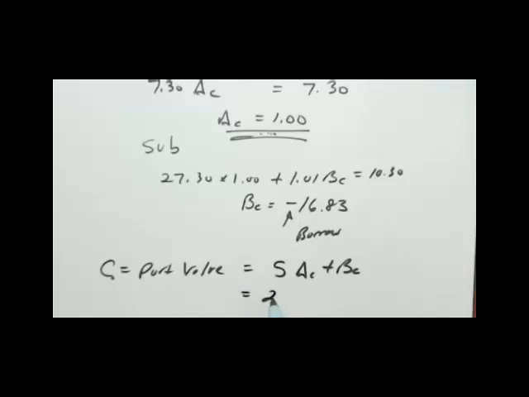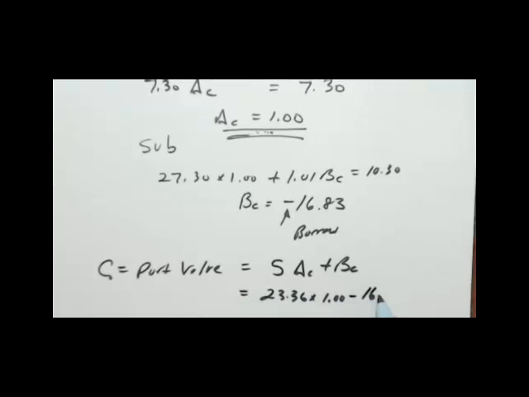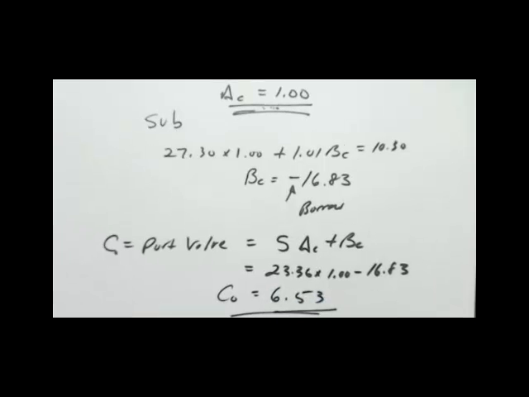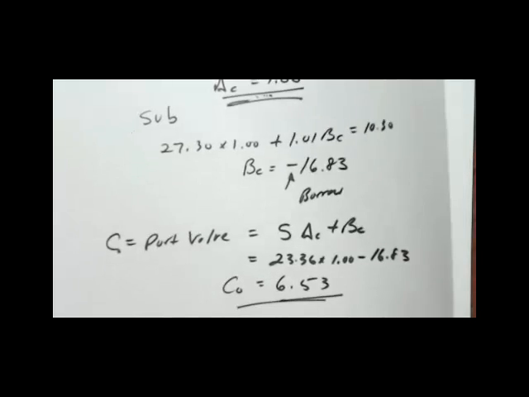And this will equal 2336 times 1.0 minus the 1683. And so that equals 653, the same number we had earlier, just looking at it from a different perspective. And now let's do the same thing. We're going to do it on the down node.